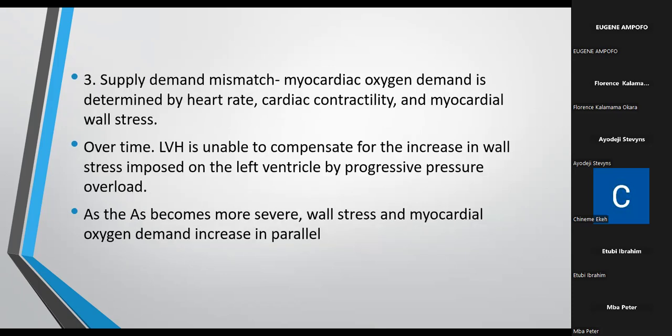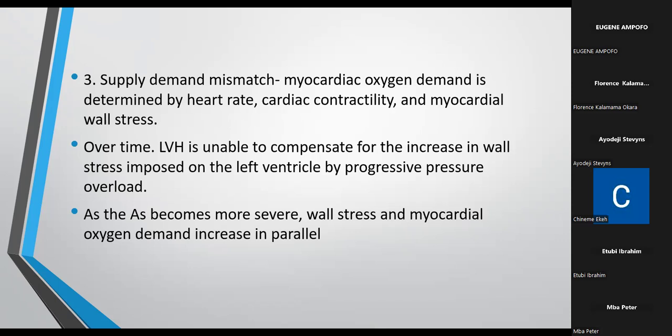In addition, there's also a supply-demand mismatch. The myocardial oxygen demand is determined by the heart rate, and so with an increase in heart rate, there's an increase in oxygen demand, and because of the mismatch, they have ischemia, and then there's increased contractility and myocardial wall stress too.